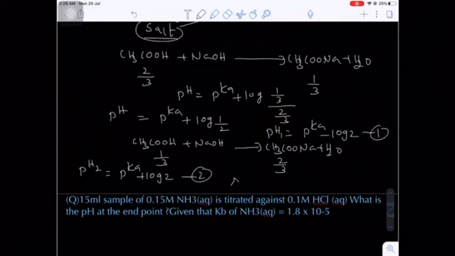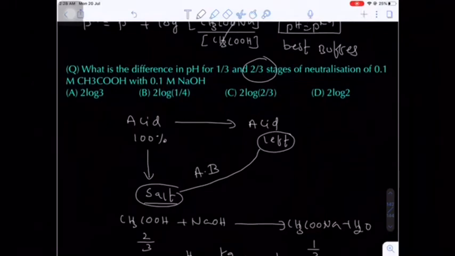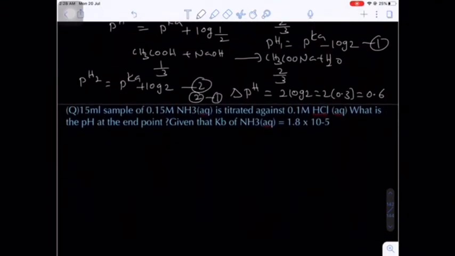From here, pH 2 is equal to pKa plus log 2. The question is the change in pH, that is pH 2 minus pH 1, higher minus lower. So pKa cancels, and log 2 minus minus becomes plus. So log 2 plus log 2 is 2 log 2, the log 2 value is 0.3, so 0.6 is the answer. So 2 log 2 is the correct answer, that is option number 4.